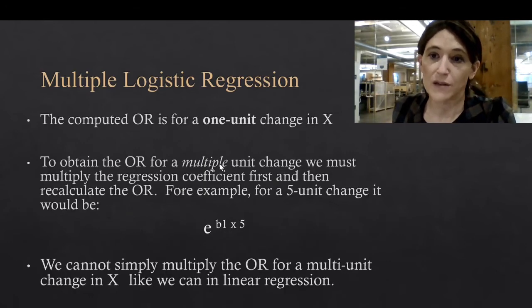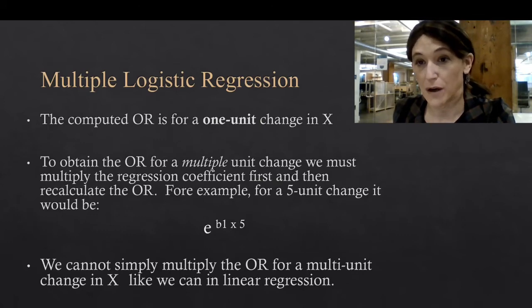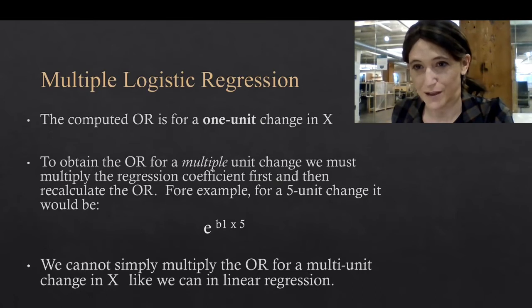Okay, it is important to keep in mind when you see the odds ratio in logistic regression output that it's for a 1 unit change in the variable x. Unlike linear regression, where we can simply multiply the coefficient to say what it would be for a 5 unit change or a 10 unit change, we have to be really careful with odds ratios because we can't just multiply them.